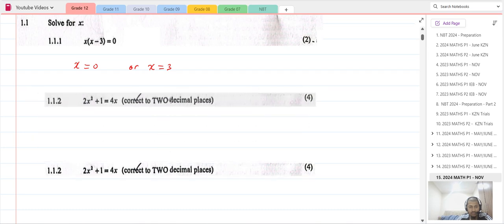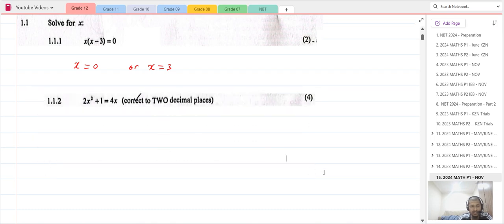Next, question 1.1.2. We have 2x squared plus 1 equals 4x, correct to 2 decimal places. In order to solve this problem, we need to bring the 4x over and write it in standard form. So 2x squared minus 4x plus 1 is equal to 0.